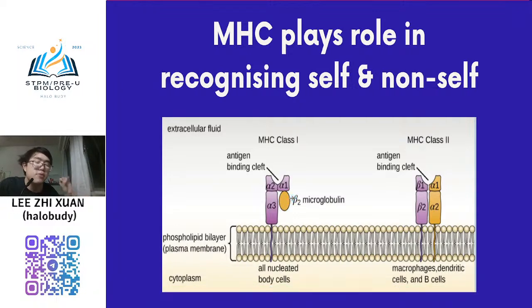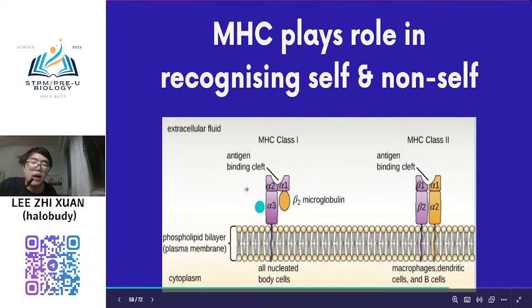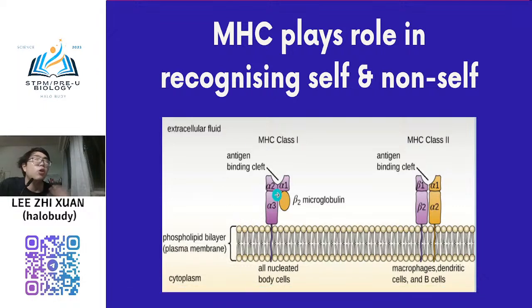So when the immune cells go around, if they find MHC class 1, they will not attack it, because MHC class 1 is on cells that should be in our body.